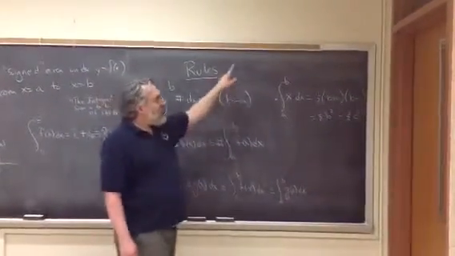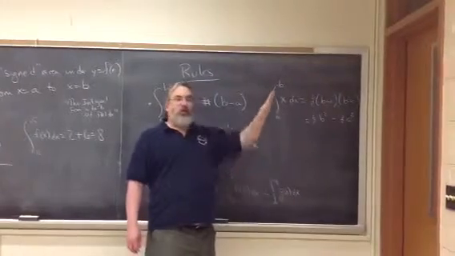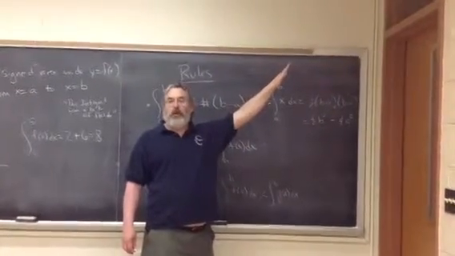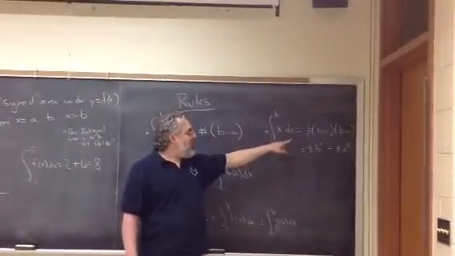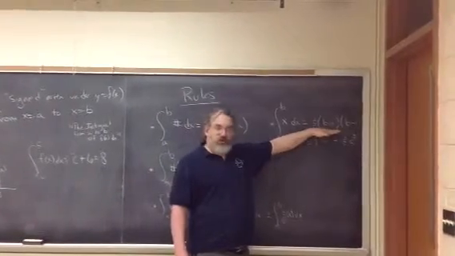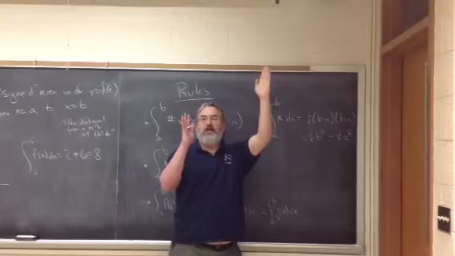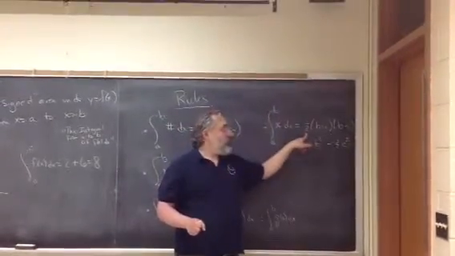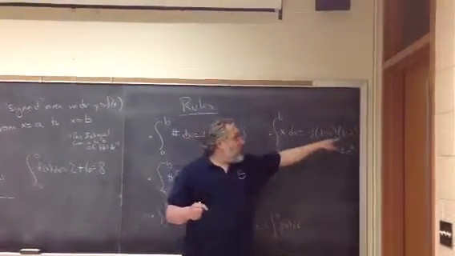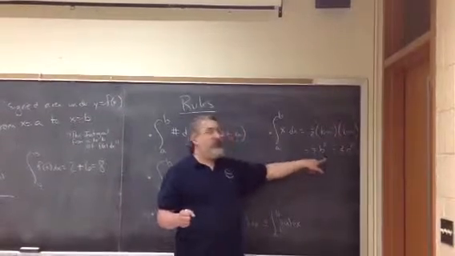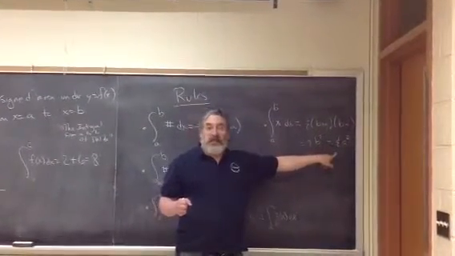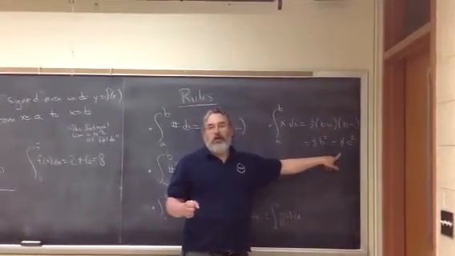Along the same lines, if it's an x, well, we're going to have a trapezoid. And you can use the trapezoid rule. It's the average of the heights on each side, which is b plus a over 2, times the width, which is b minus a. If you multiply all that out, you get 1/2 b squared minus 1/2 a squared. We'll do an example of this to show how it works.